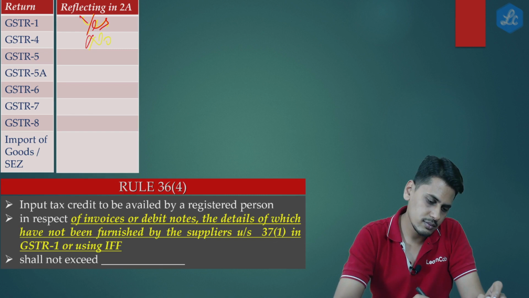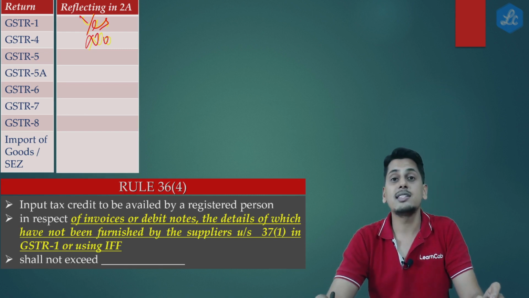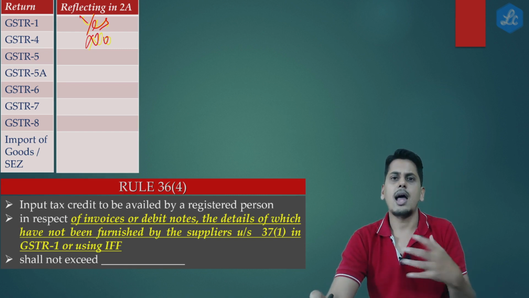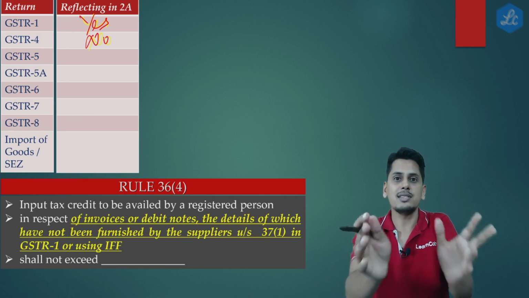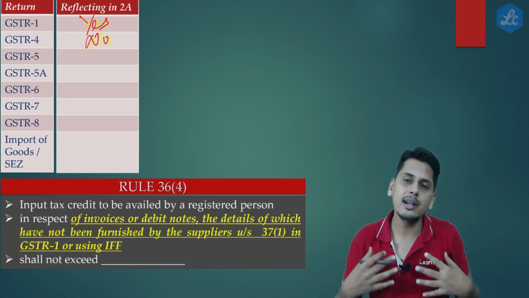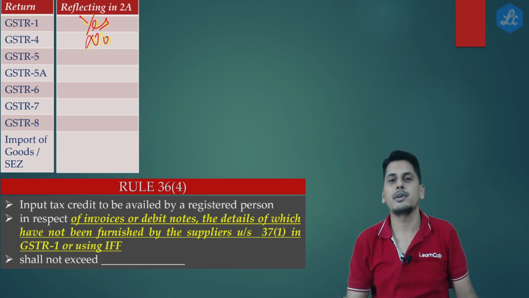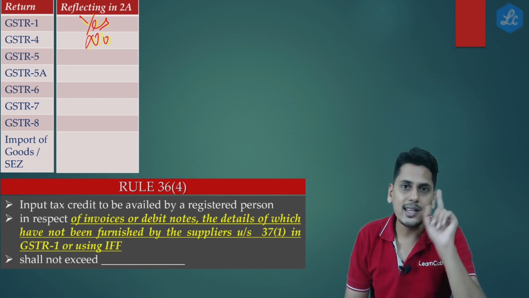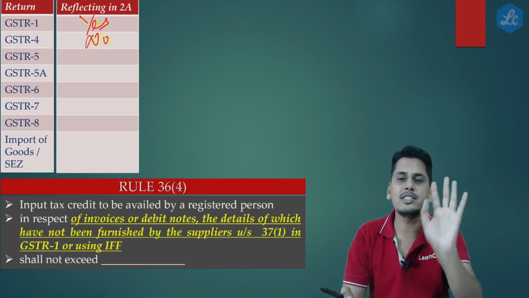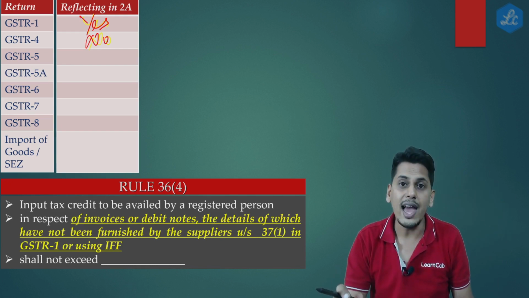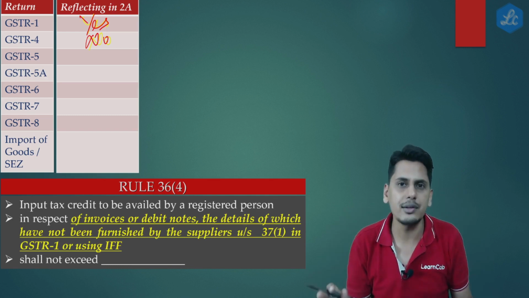GSTR 5. I am the recipient, you are a non-resident taxable person. I purchase goods from you. Am I entitled to credit? Friends, you as an NRTP are not entitled to credit excepting IGST paid on import of goods. But am I entitled to credit when I purchase from you?